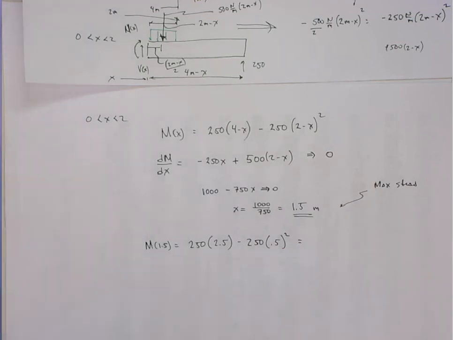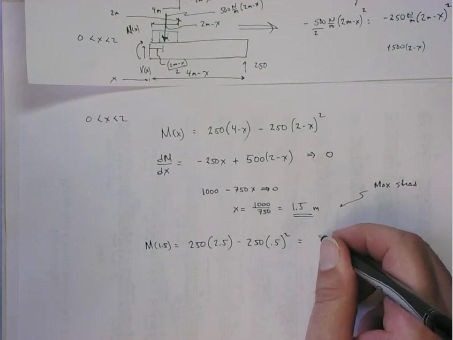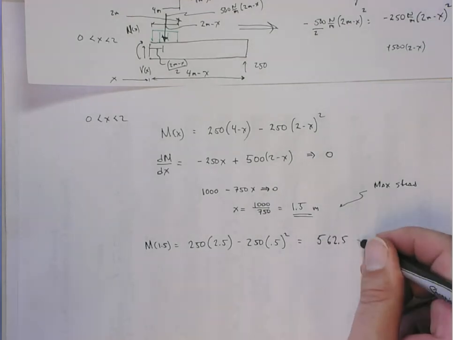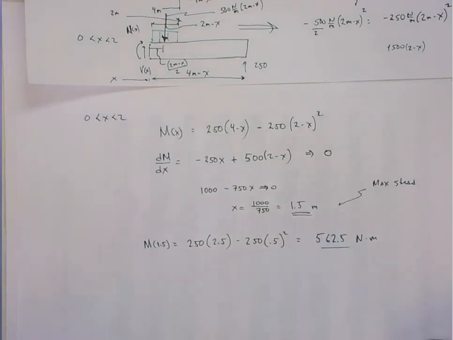And this becomes 562.5, and the units would be Newton meters. I kind of dropped the units here, but everything's in Newton meters.